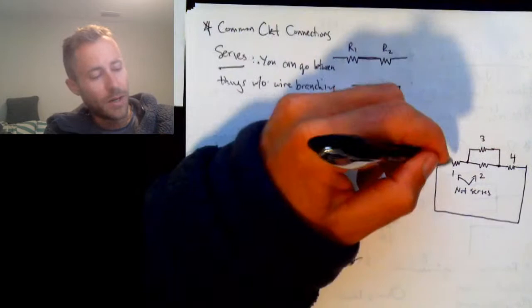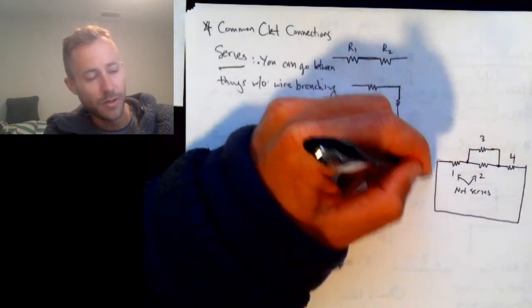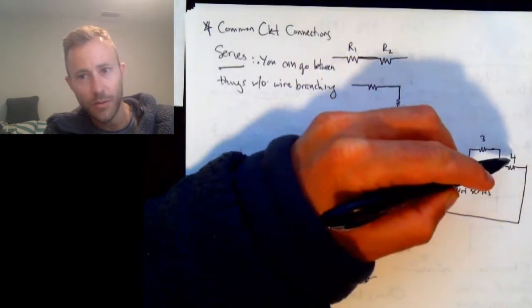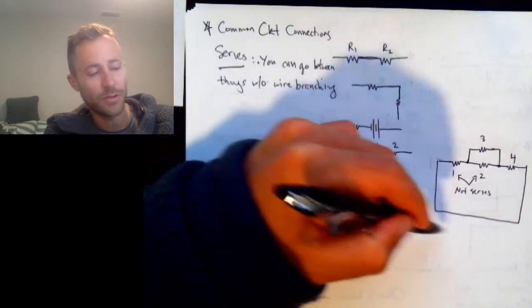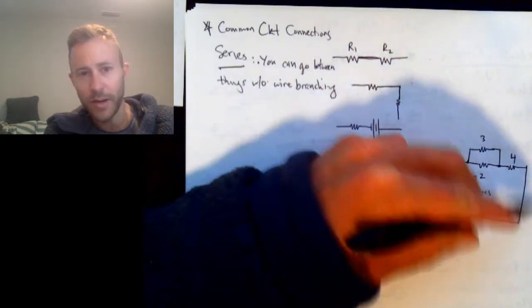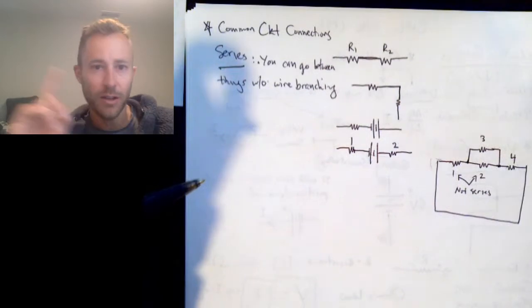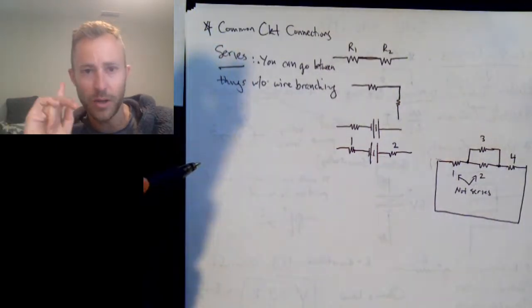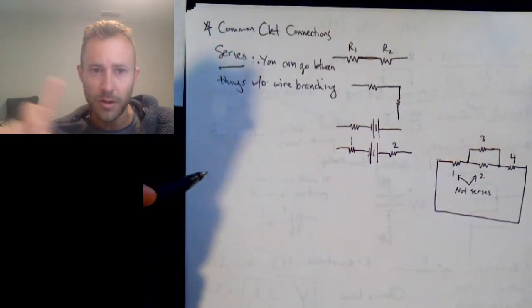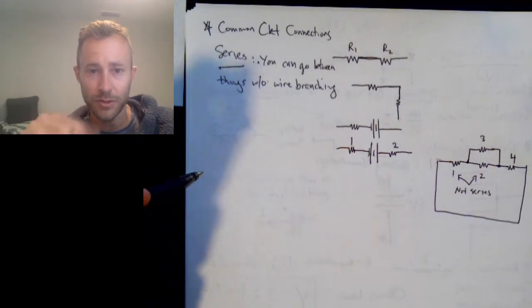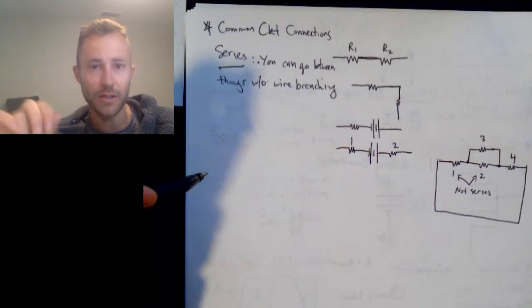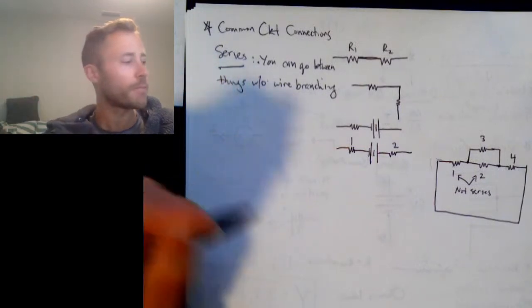But if you go the other way and you go around in this sense, you go from resistor 1 to resistor 4, and the wire doesn't have any branches along this path. So as long as there is at least one path where the wire has no branches to go from resistor A to resistor B, then they are considered to be in series.